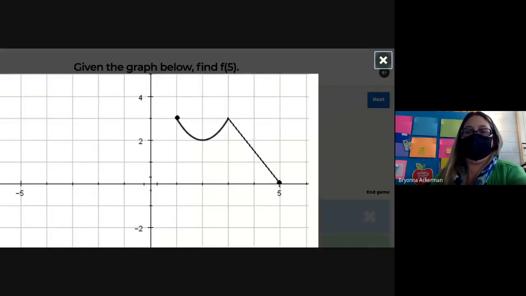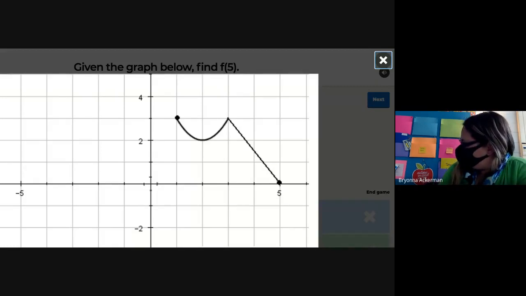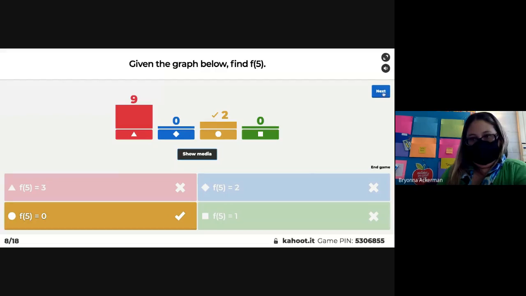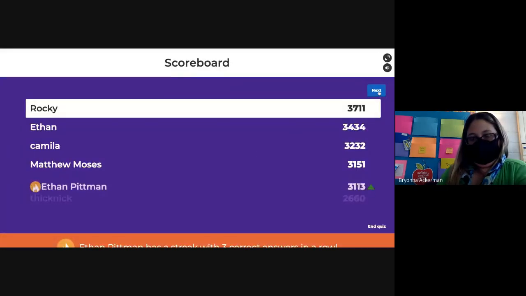Okay, when the input is 5, so when x is 5, what is y? In this case, it was 0. Oh, yeah, because x was 5.